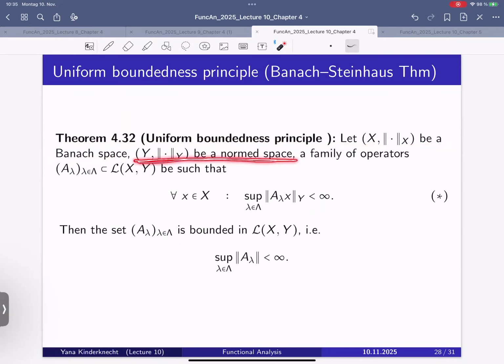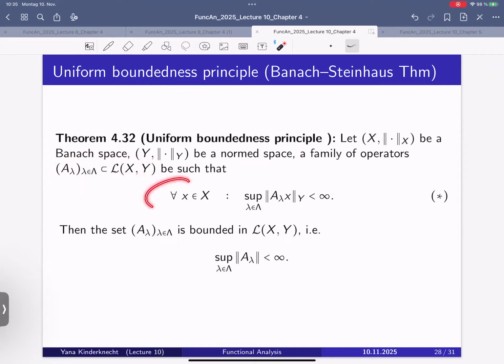Here completeness is not important at all. So we consider a family of operators. The family can be very fat, so we don't care what the cardinality of this parameter set is. But all operators are bounded linear operators as mappings from X to Y.